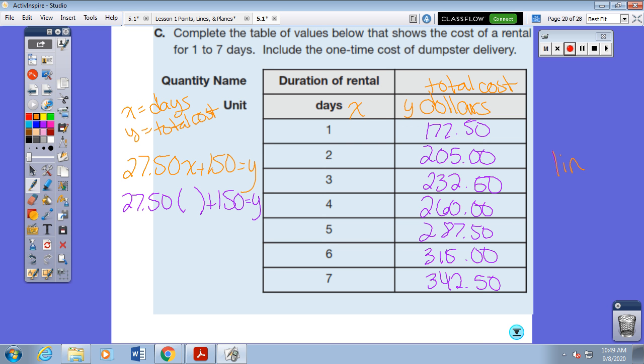It's got that 4-letter word line in there. So if it doesn't make a line, it's not either. So feel free to Google linear equation and linear function to help you out. And then let me know if you have any questions.